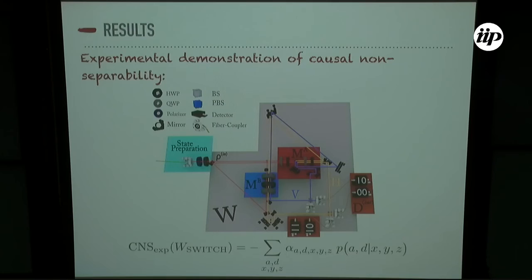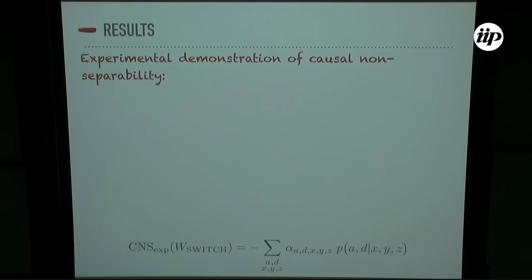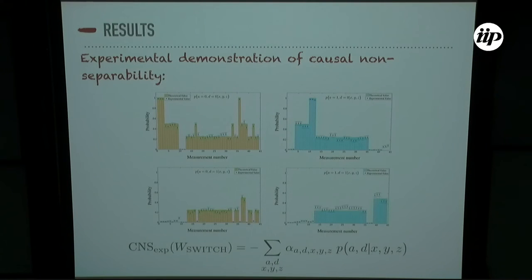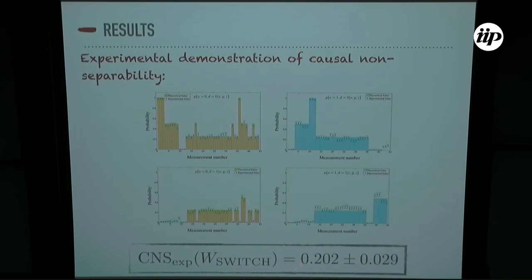I multiply them by these alphas and get the outcome. And the outcome we obtained, as you can see here, was a list of probabilities that we then just summed up together and brought to this value: 0.202 plus or minus 0.029. So for 7 standard deviations this time, we demonstrated that we cannot consider our process as a causally separable process.